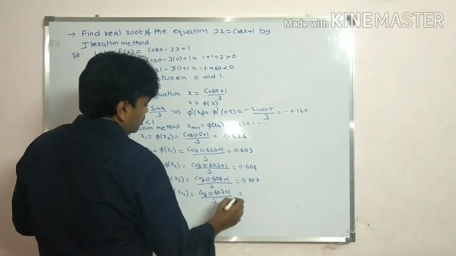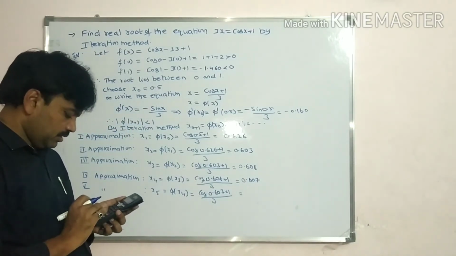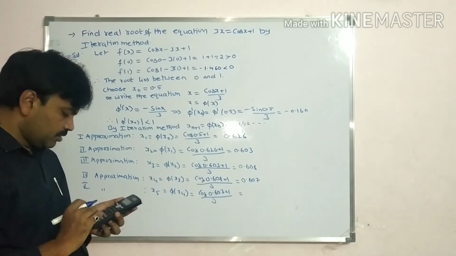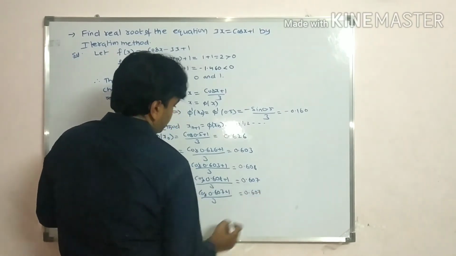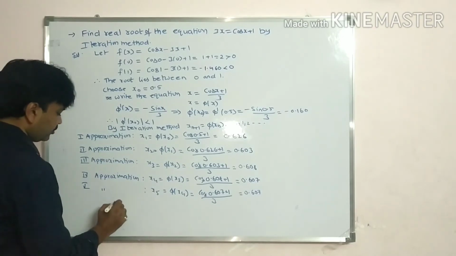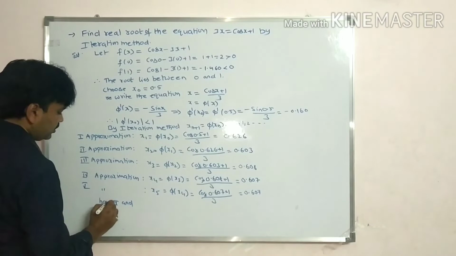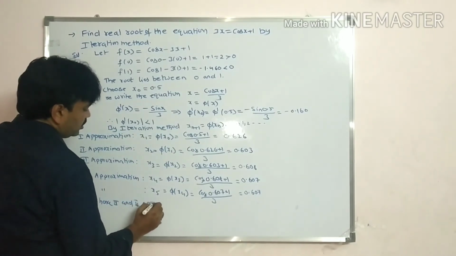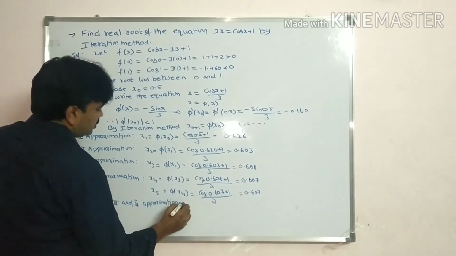Again bracket cos answer plus 1 bracket close divided by 3. See, students, we get 0.607. Now the fourth and fifth approximations are the same, students.